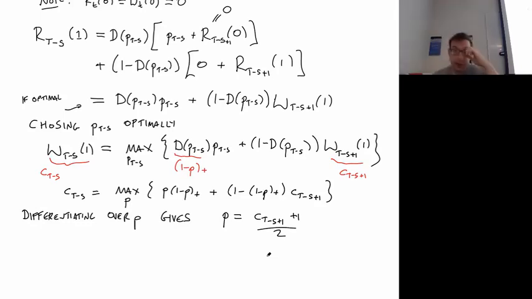One thing you can notice with this is, substituting back in, we're going to get c of t minus s equal to 1 plus c of t minus s plus 1, divided by 2, squared.